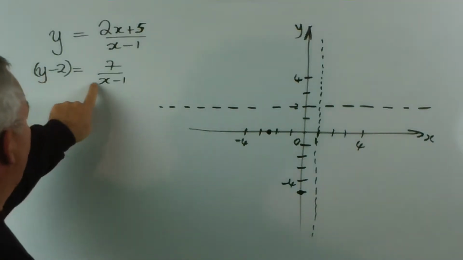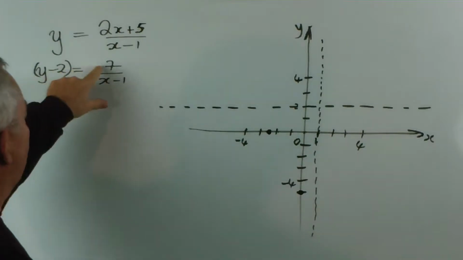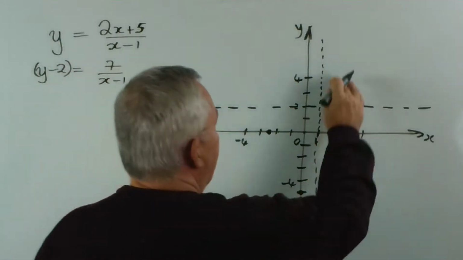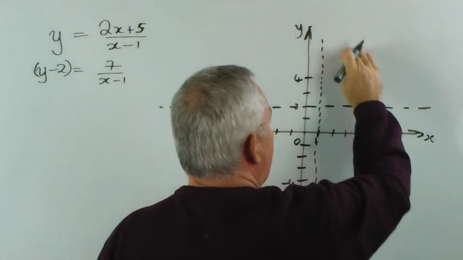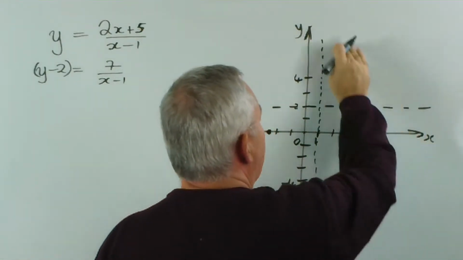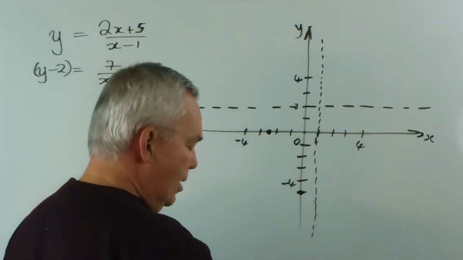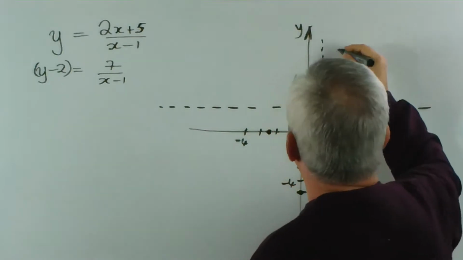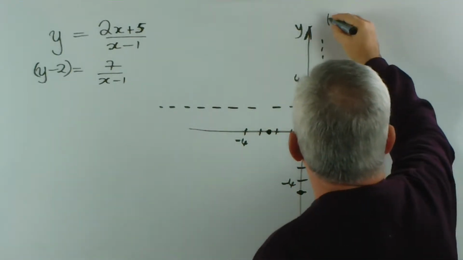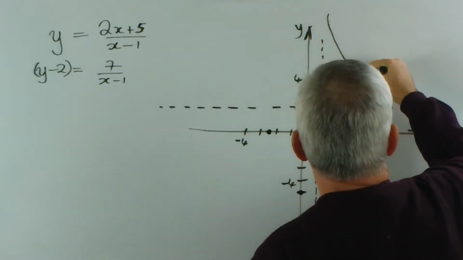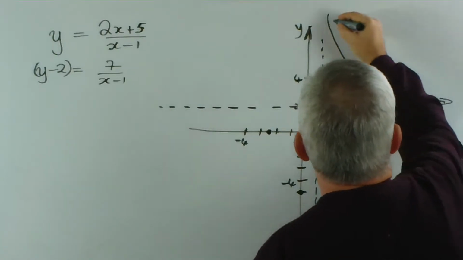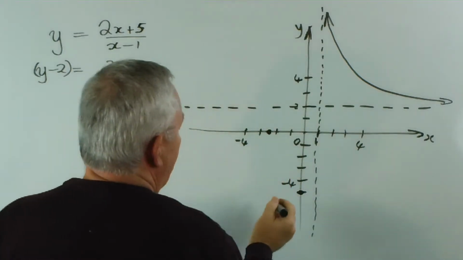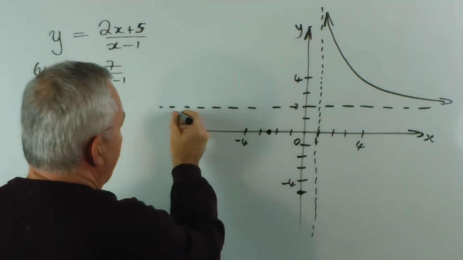With a positive coefficient of x and a positive coefficient of y and a positive constant, we would expect that the initial part of our curve will be in the upper right hand corner, and basically that's enough for us to graph our function. It will be in here somewhere, and then down in here it'll be in this position.